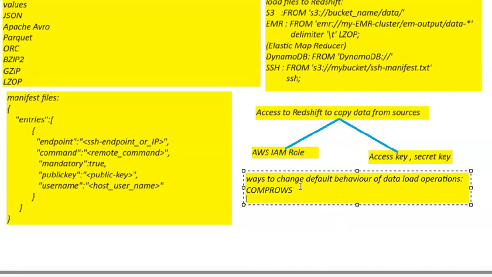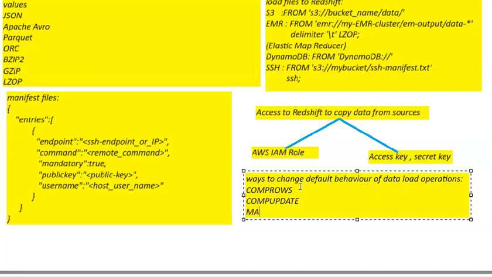If you want to do compression encoding, then you can use COMPUPDATE. Compression update does the compression encodings. If you want to see the max number of errors before causing a load failure, then use MAXERROR.